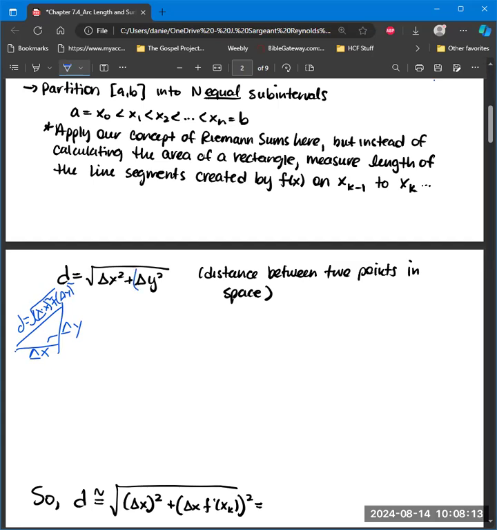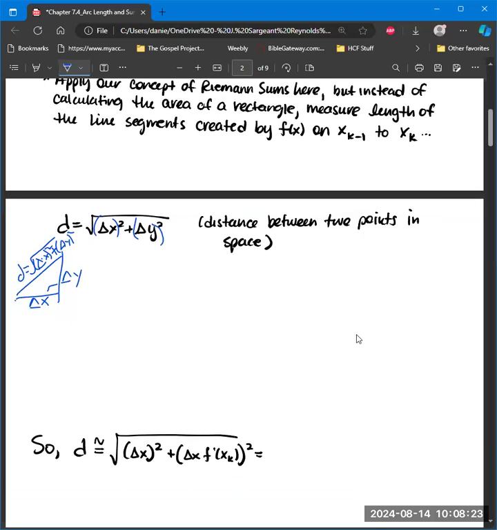I'm going to make sure to put parentheses around that so you're sure that it's the delta x that you're squaring and not the delta in x squared. So that's going to be the distance between 2 points in space. Another way to write this is the square root of (x2 minus x1) squared plus (y2 minus y1) squared.